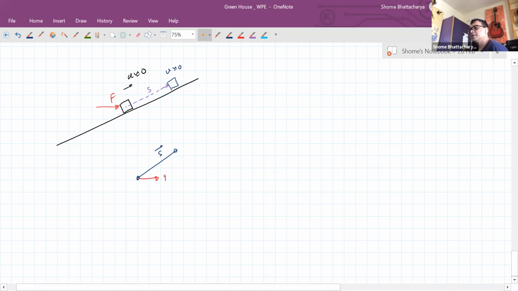The force is being applied horizontally. So the work done by F will be Fs cos theta like this. Okay. But to calculate the magnitude of F, we'll have to understand the free body diagram.